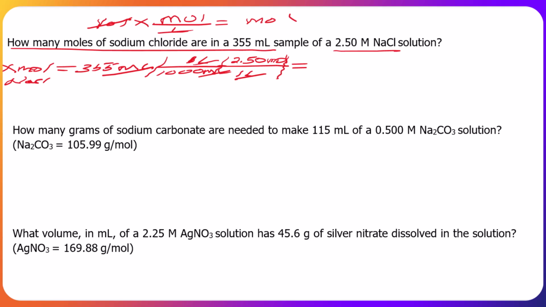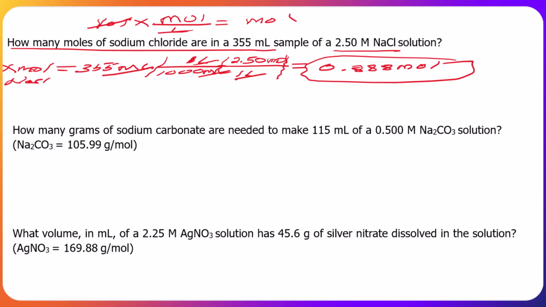And so my answer is going to be 355 divided by 1,000, which is just 0.355, times 2.5, which gives me 0.888 to 3 sig figs, 0.888 moles. Well, that worked out kind of nice. Okay, so there you go.